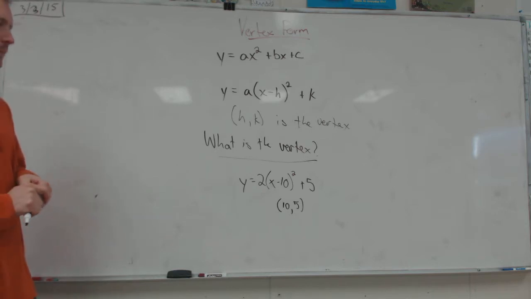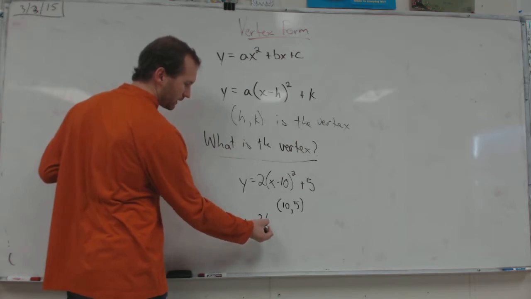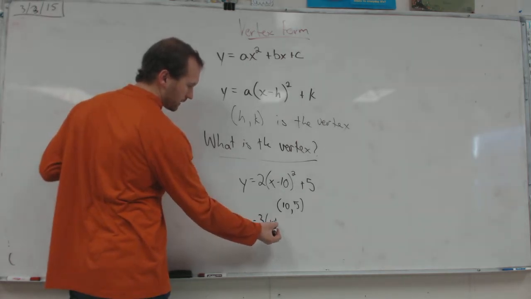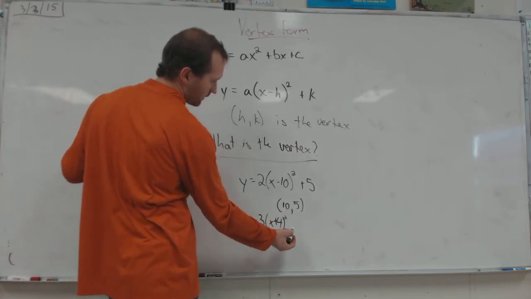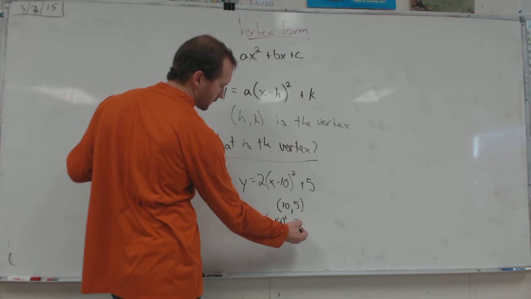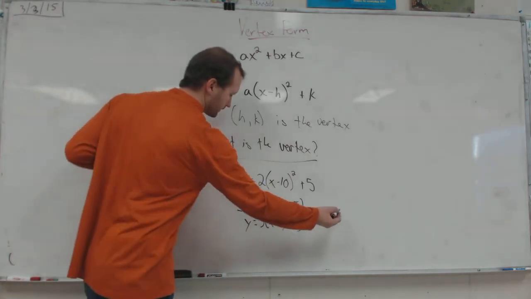So what if I give you one like this? y equals 3 times (x plus 4) squared plus 3. What is the vertex of this equation? Negative 4 comma 3.